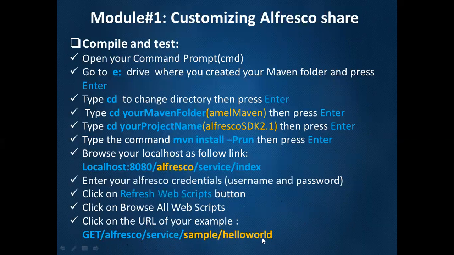This is the URL that you gave between the tags in your descriptor file. If you return to the descriptor file, you will find this URL inside the URL tag. So this is the URL of my example hello world.